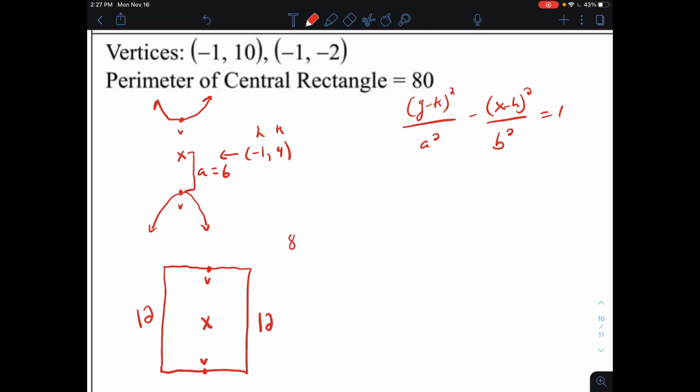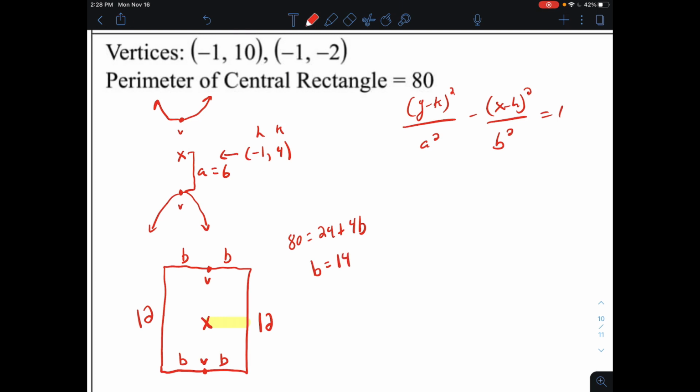So 80 is going to equal 24 plus, and now I've got to figure out what this is going to be in terms of b. Well, b is the distance from the center to a conjugate axis endpoint, so each of these other legs is going to be 2 times b. So our perimeter, 80, is equal to 24 plus 4b, and we can solve for b. And we wind up getting b to be equal to 14.